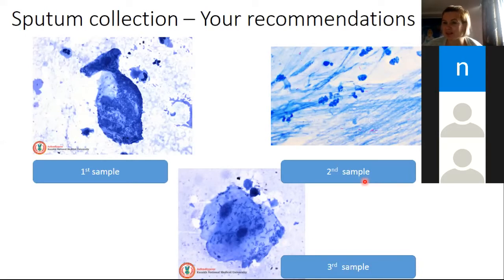Red rod-shaped bacteria on the blue background. Yes, ma'am. What kind of bacteria? Gram positive, ma'am. Tuberculosis. Who said? Divya. Okay, Divya. I check that you give the right answers.